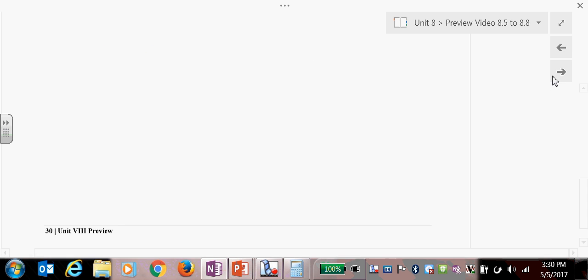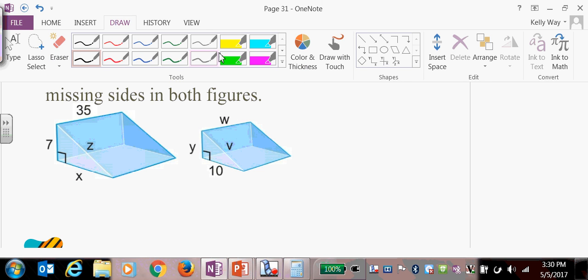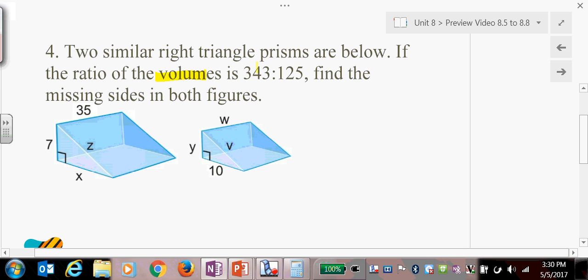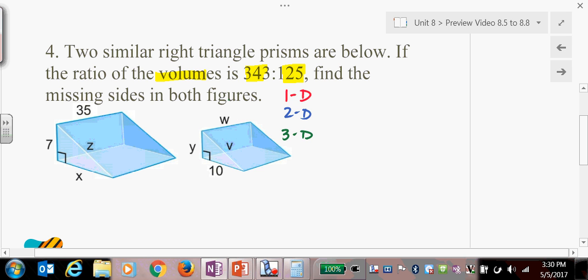Let's do one more, to see if you guys understand this. It says, the two similar solids, the ratio of the volume, notice the word volume, is 343 to 125. Now volume is 3D. So the first thing you need to do is get all three of your ratios. 1 dimension, 2 dimension, 3 dimension.